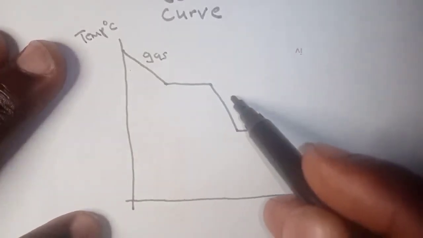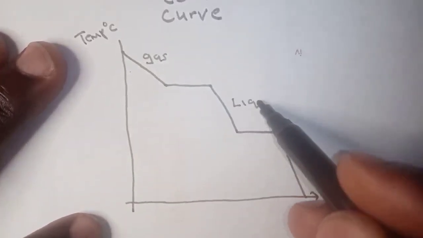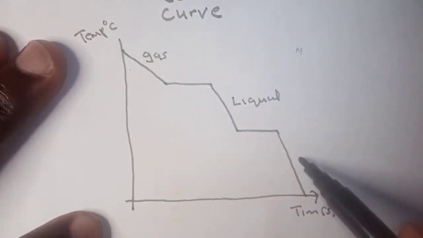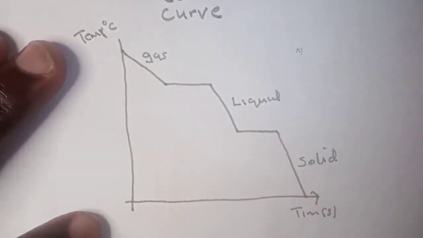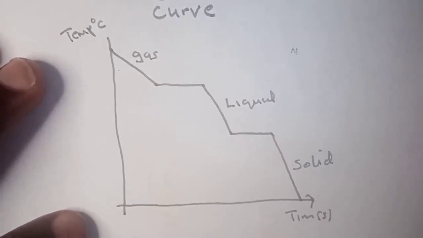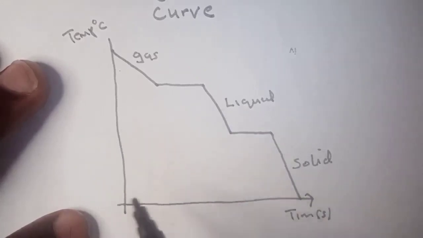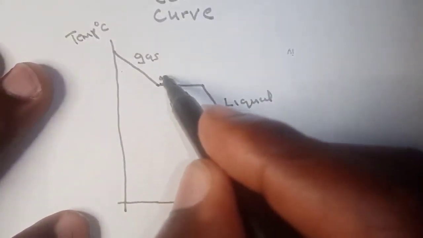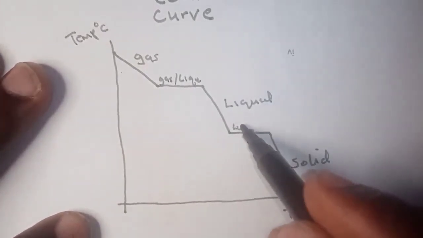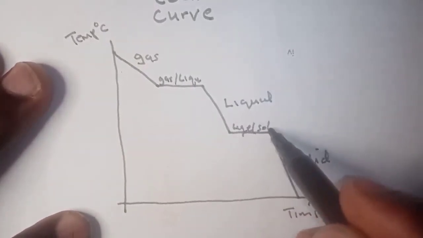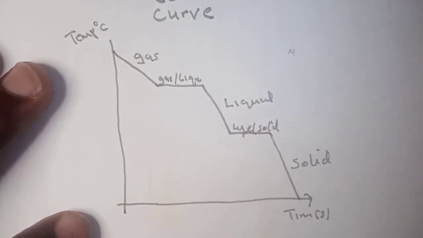Then here it is liquid. In here it is solid. We call this a cooling curve. So at this point we've got gas, liquid; here we've got liquid, solid, just like we talked about.